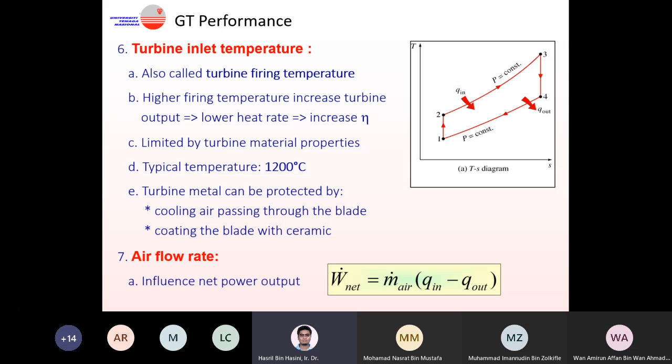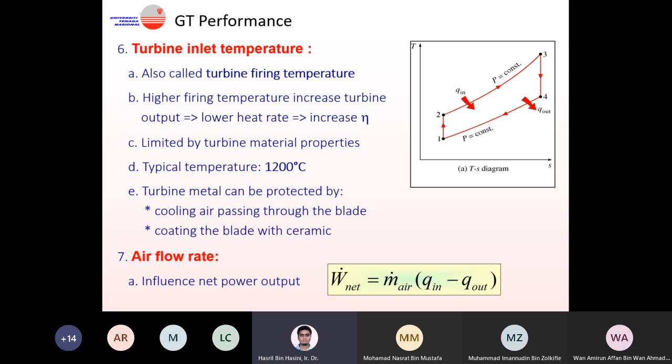Turbine metal can be protected by cooling air passing through the blade. This is the first stage nozzle and also first stage blade. At the same time, our turbine blade is also coated with ceramic, just to withstand the high temperature. So currently, these are the kind of limitations.